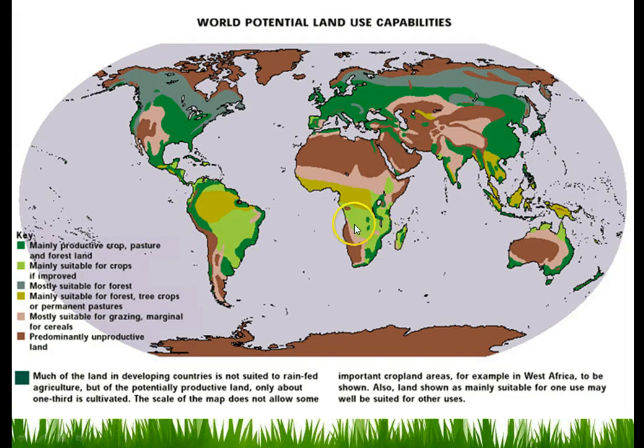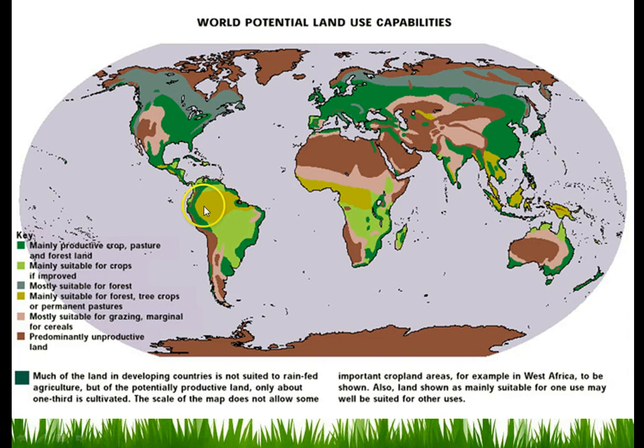And so this light green stuff is your cropland that has to be improved. That means added fertilizers, things like that. And then this dark green, there's a lot, but not enough to feed the entire world. This is where you have your really productive crop, pasture, and forest land.